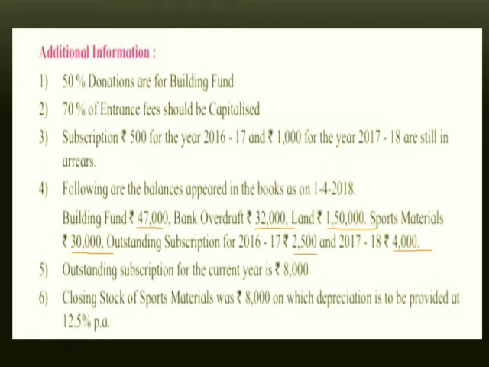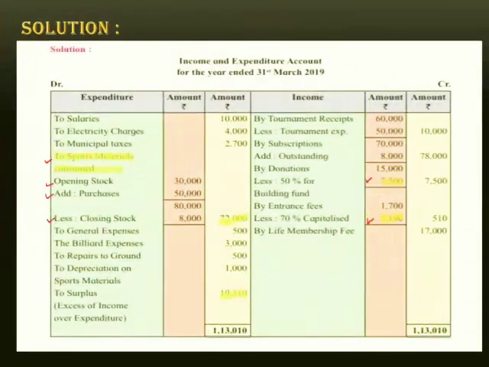See what we have done till now. We have read the problem carefully, receipts, payment side as well as the additional information. Now the step 1 is to prepare the income and expenditure account as well as the balance sheet. See how we are preparing the income and expenditure account.